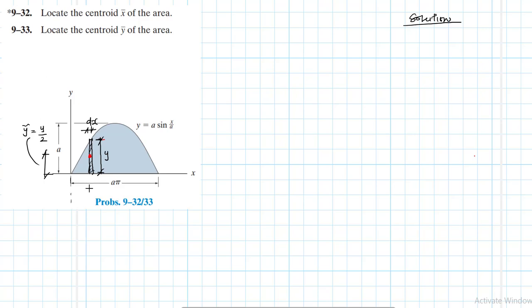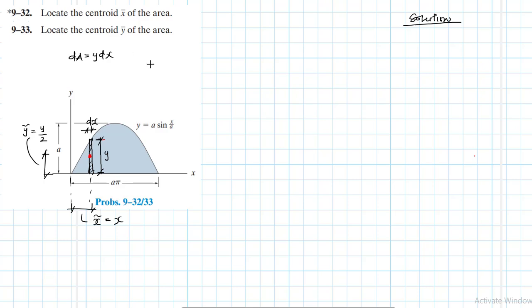And its centroid along the x direction, x curled, is equal to x. The area of the small strip, dA, is going to be equal to y times dx. All right, so we have everything.